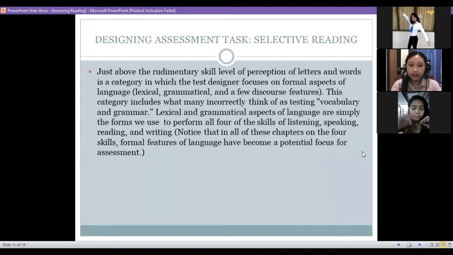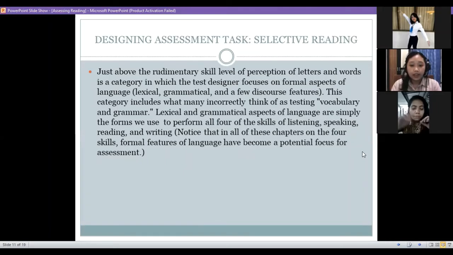And then the next is designing assessment tasks, selective reading. Just above the rudimentary skill level of perception of letters and words is a category in which the test designer focuses on formal aspects of language: lexical, grammatical, and a few discourse features. This category includes what many incorrectly think of as testing vocabulary and grammar.